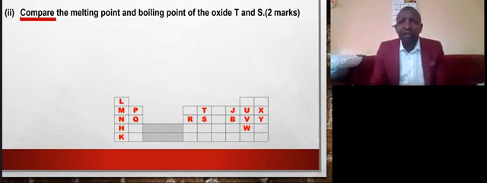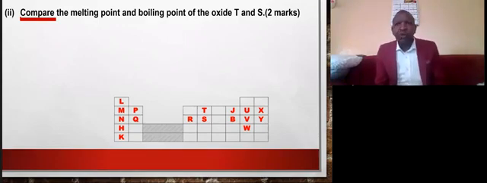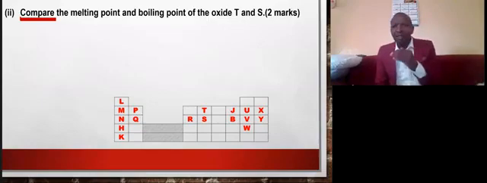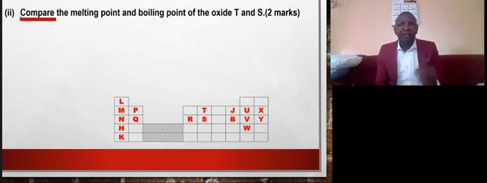After getting the statement of comparison, if you are comparing substances with different structures, you then tell us this one has this kind of structure with this kind of forces, and the other one has this kind of structure with these forces. So in this kind of question, the examiner expects you to write which of the two has a higher melting point. You say the oxide of S has a higher melting point than the oxide of T. That's the first marking point.